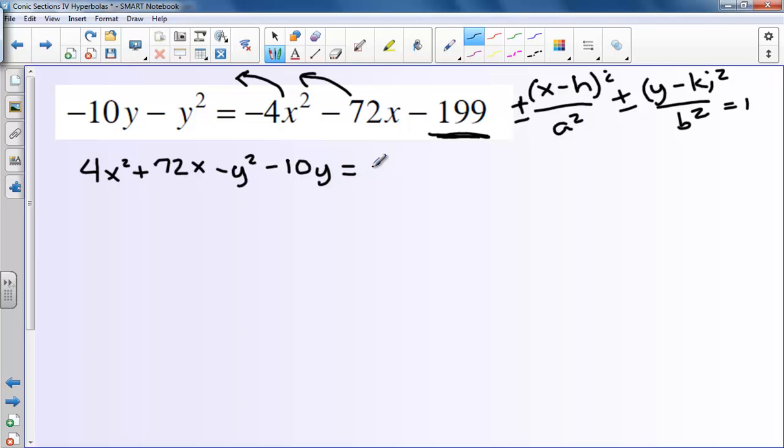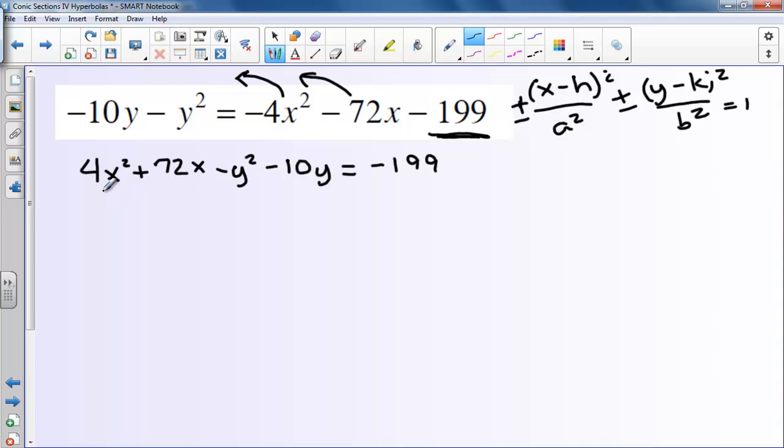And this was where it needed to be, so I'm not changing that sign. So I only change a sign if I pick it up and take it across to the other side of the equation. Okay, so as I did that, I went ahead and grouped my x terms together and my y terms together. Alright, so then let's begin the process of completing the square.